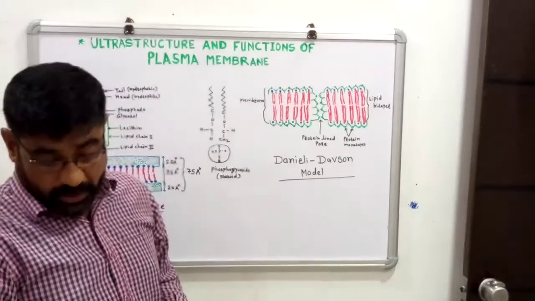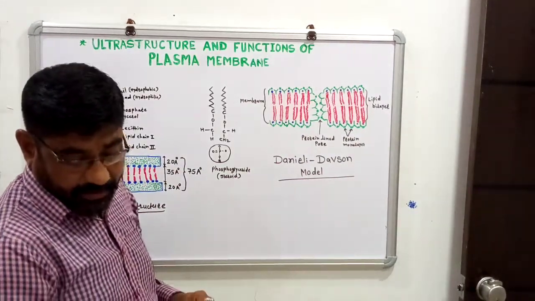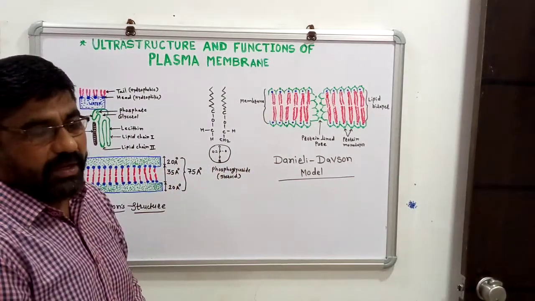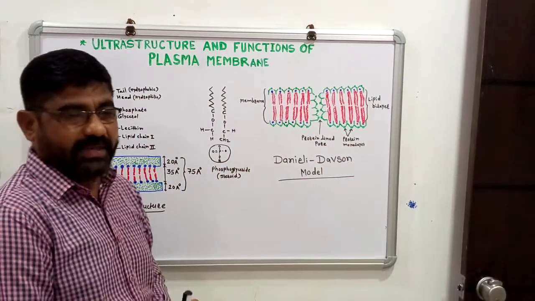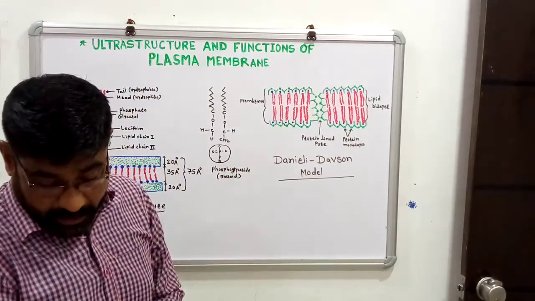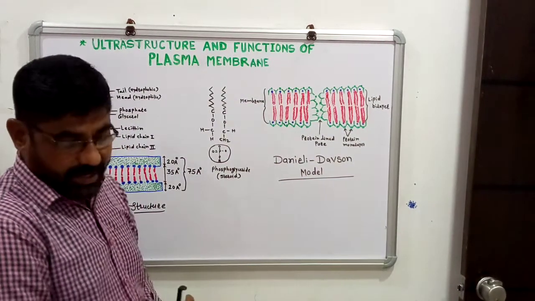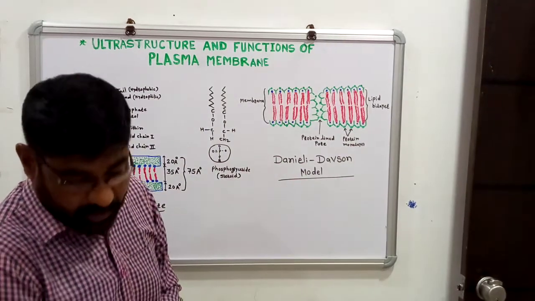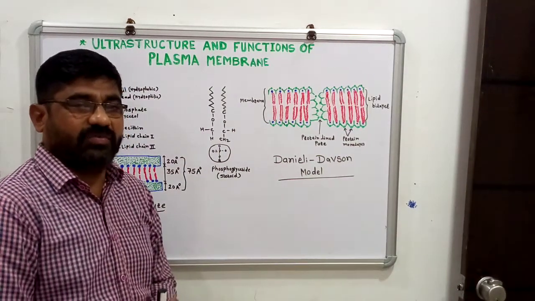According to the study of the plasma membrane, it protects the protoplasm as well as the cytoplasm of the cell, and forms the boundary of the cell. The plasma membrane is very thin and elastic in nature.